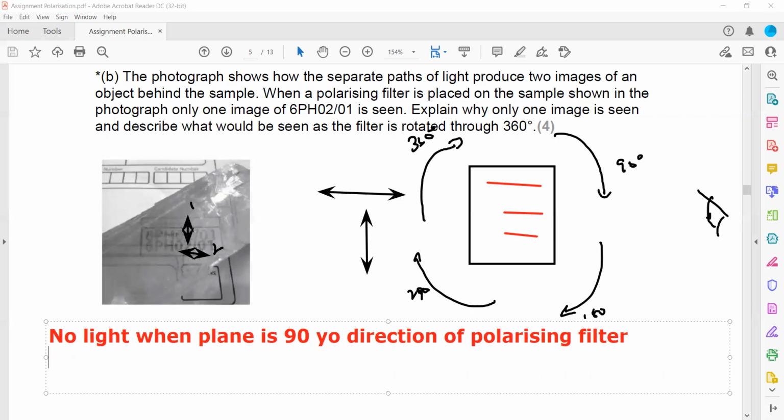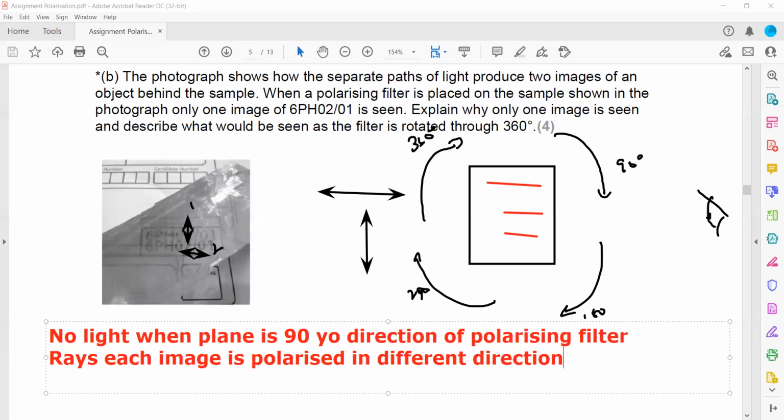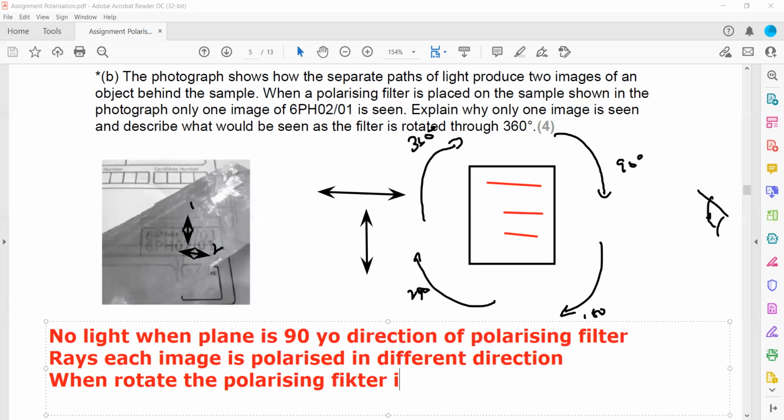Because we are seeing two images, the rays which are transmitted, or the rays of each image, are polarized in different directions, and when we rotate the polarizing filter, the image becomes fainter.